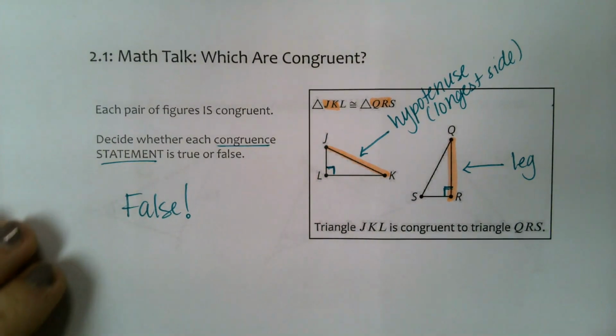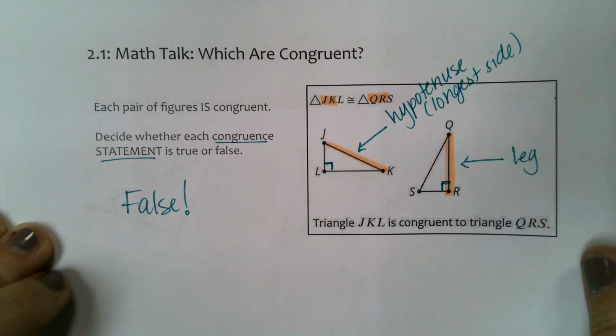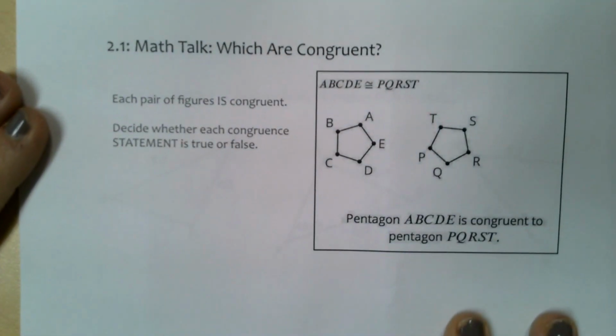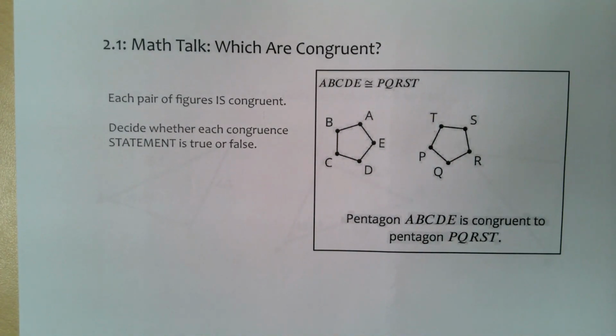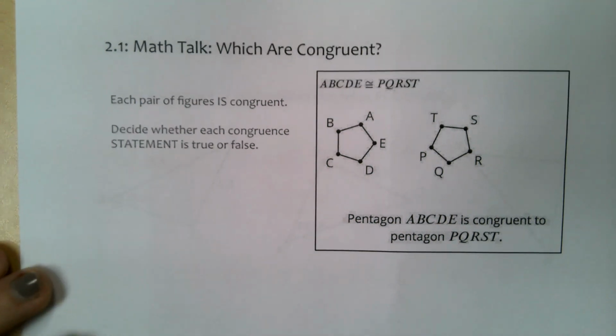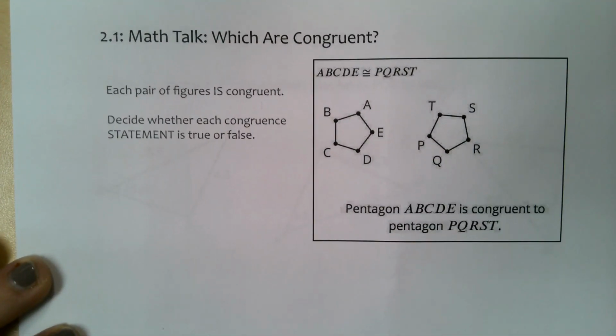All right. I think we're going to do one more like this. So looking at the image, is pentagon ABCDE congruent to pentagon PQRST? All right, so on this one, technically, you could have a bunch of different congruent statements for this, okay?